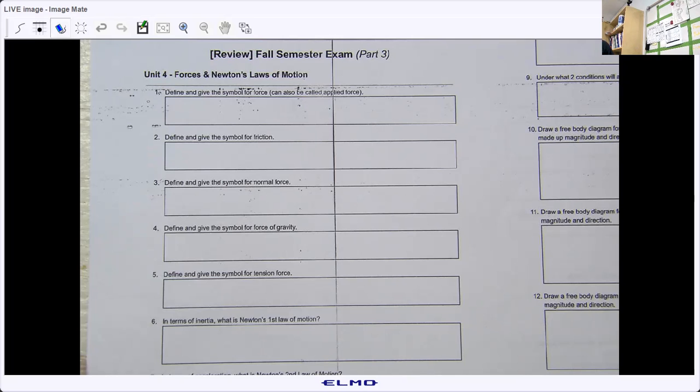Number 10, draw a free body diagram for a car driving at a constant speed. Include the 4 necessary forces with any made up magnitude and direction. All right, so for a car driving, I'm just going to draw a box.